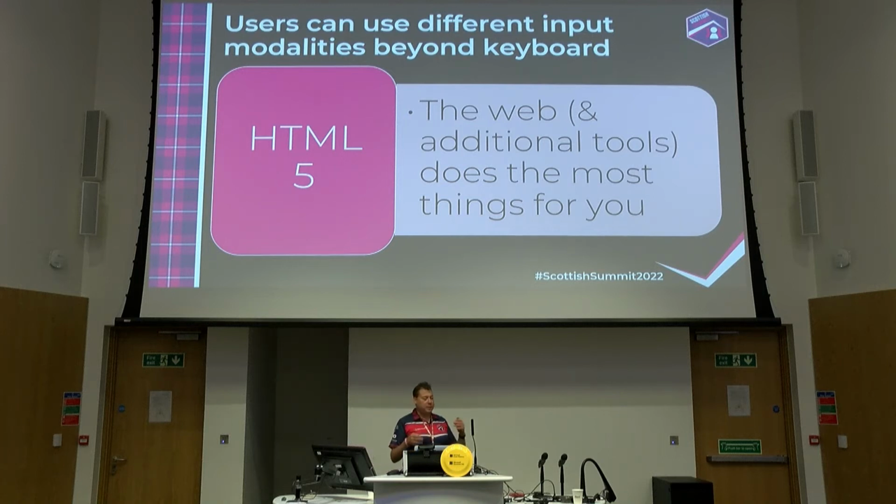The web and the additional tools. By additional tools, I mean screen readers or Ease of Access in Windows, which are already built upon that. That's the most of it for you. If you are working with the latest HTML5, I can imagine that the existing tools and the web are not doing it good anymore with really deprecated HTML versions of your website, so that's really important.